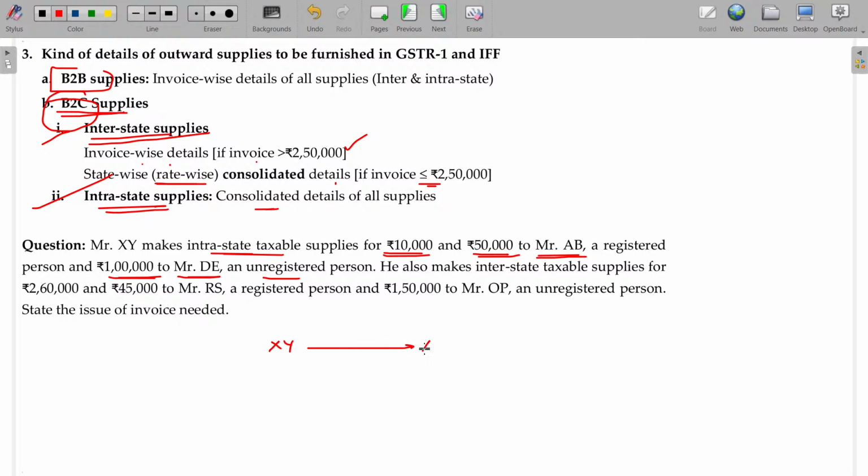What's the sort of sale? Intrastate. Who is he? Registered person. Value 10,000. Recipient, inter or intra, and value. What about the invoice requirement?